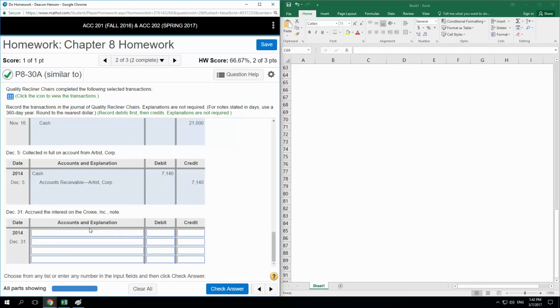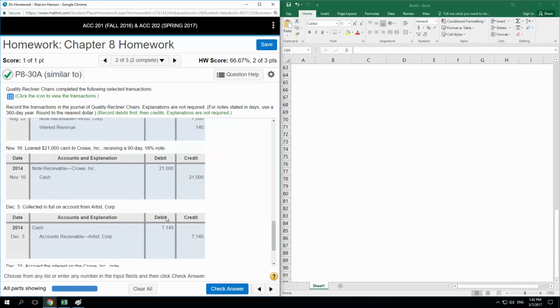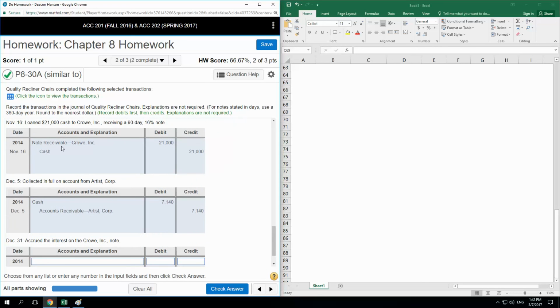Now we get down to December 31st of 2014, and it says we need to accrue interest on the Crow Inc. note. So I'm going to go back up here. We recorded the Crow Inc. note on November 16th, and now it is December 31st.